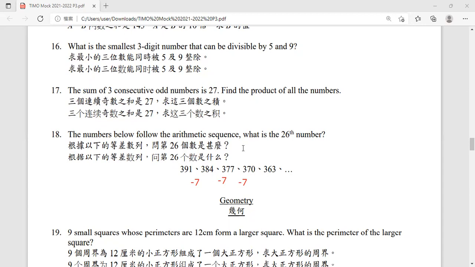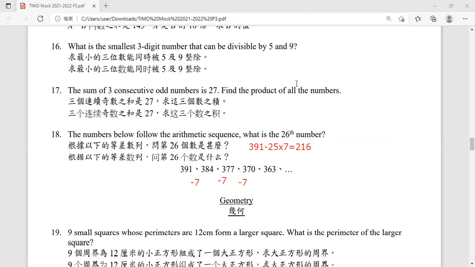But because it's the 26th, you have -7 for how many times? 25 times, yes. So it's 291 minus 25 times 7. So it's the answer. Should be 260. Yeah, 260.